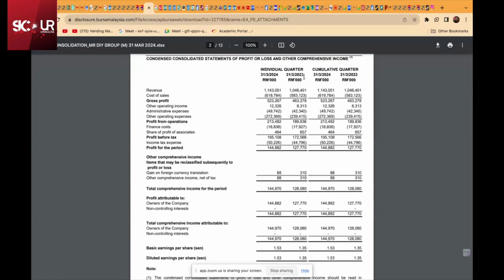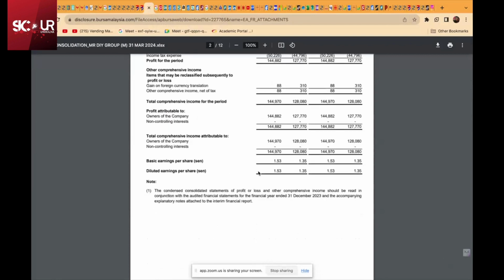This figure is quarterly 2024. You multiply that by 4, you will get the estimated annual, and then you divide that share price by this, and you will get the price earning ratio.